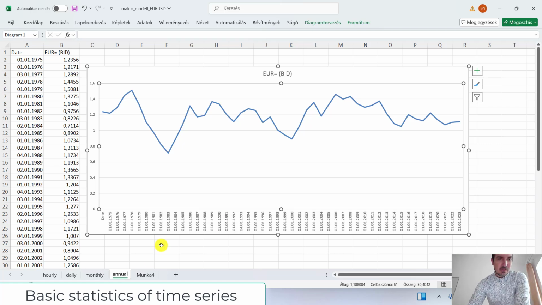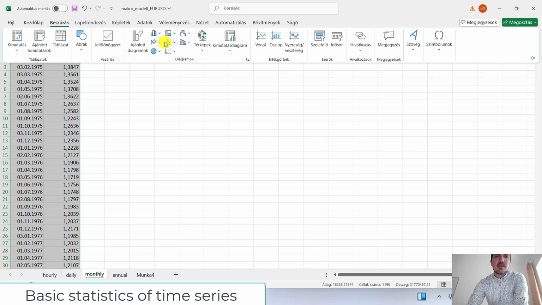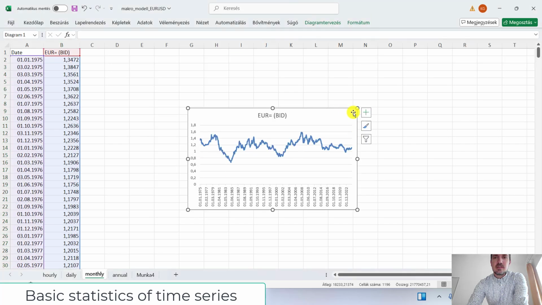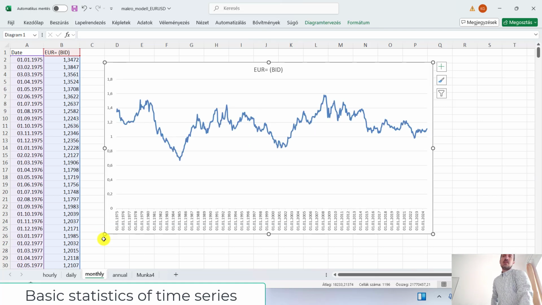If we are focusing on monthly data, let's do the same thing for monthly data. The monthly data has the problem of seasonality. Okay, maybe not in the case of currencies, but in other cases, especially when you are using macro variables like GDP.